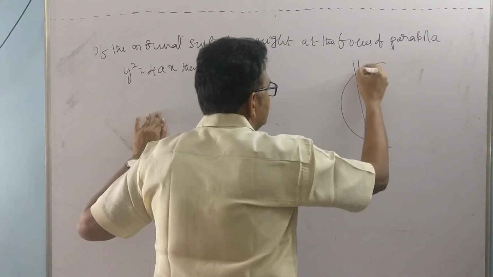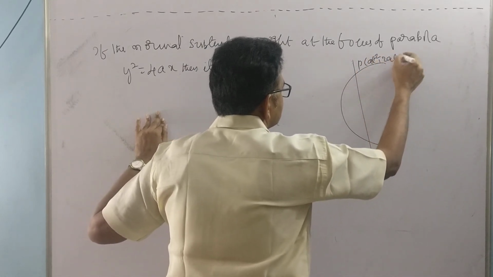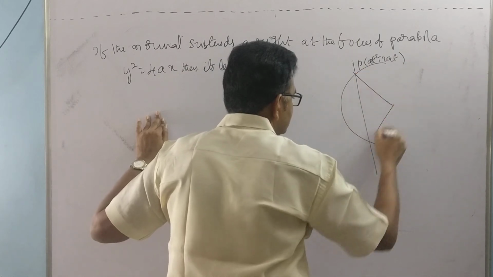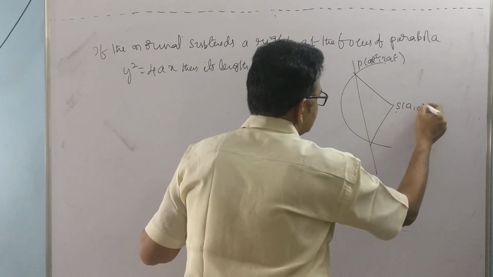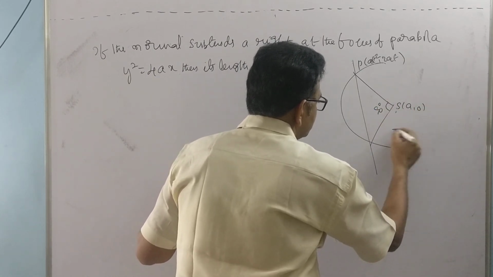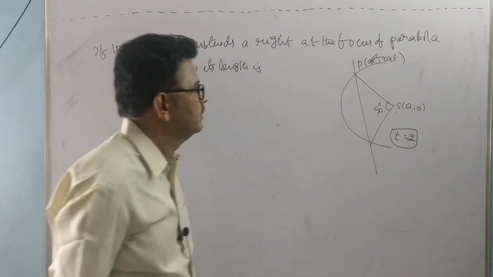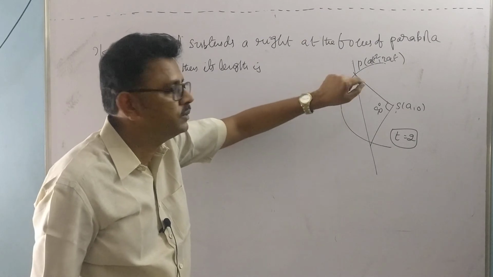The normal at the point P, (at square, 2at), subtends a right angle at its focus, 90 degrees. Then t is equal to 2. If the normal subtends a right angle at its vertex, t is equal to root 2.